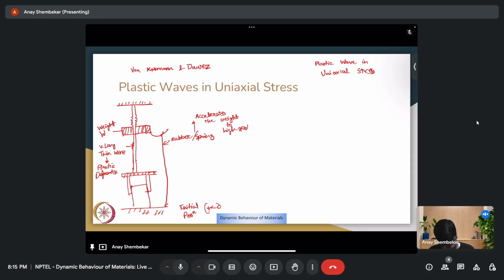What happens is this weight will drop, and suppose it reaches the plate. This is the weight W. This is my rigid plate.